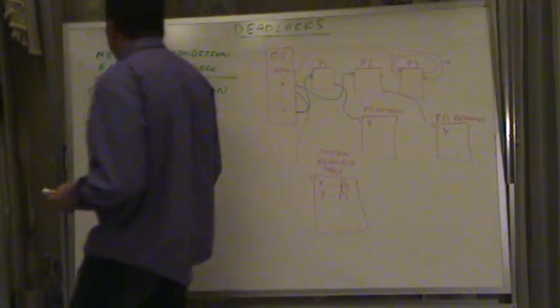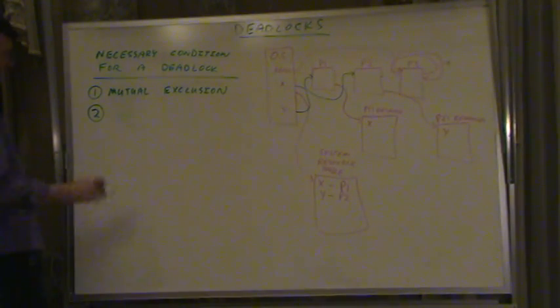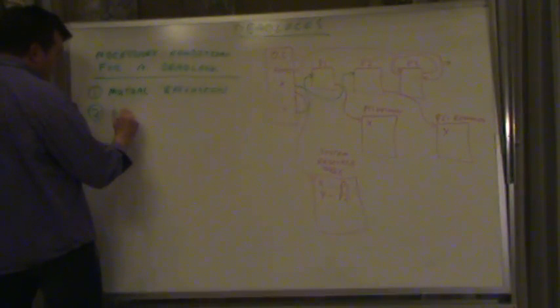So one of the scenarios to have a deadlock is you have to be able to hold one resource while waiting for another resource. If you can only hold one and therefore you were never allowed to ask for a second one, then we'd never deadlock either. So we need to have what they generally call a wait for.